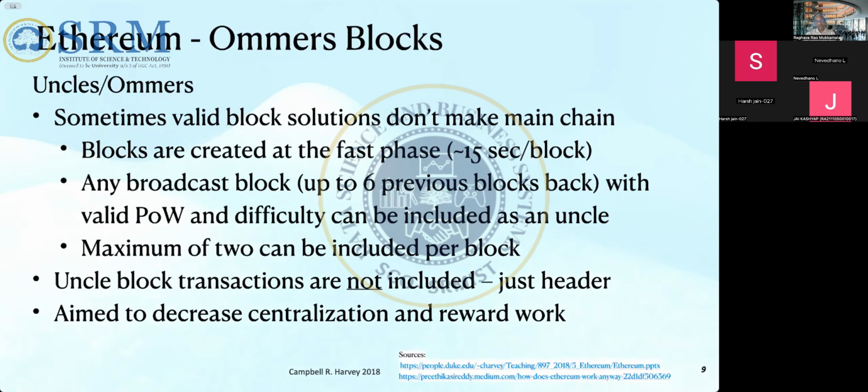That's why you have these uncle blocks or Omer blocks. This is nothing but a block which is valid, but it competed to be added to the chain, and it was not successful.